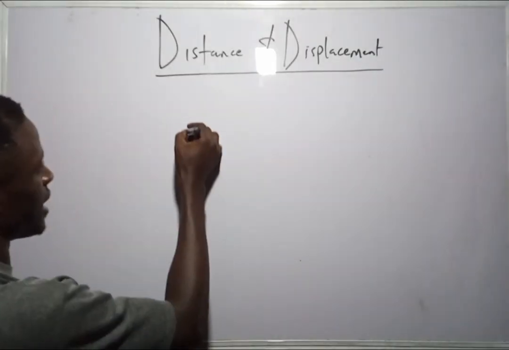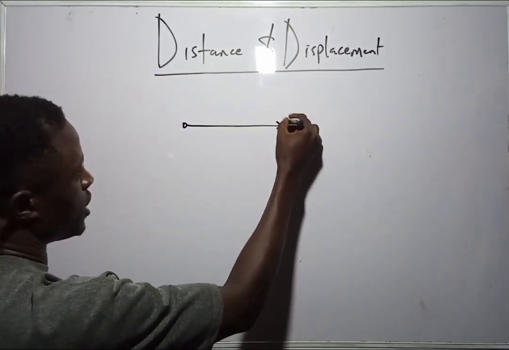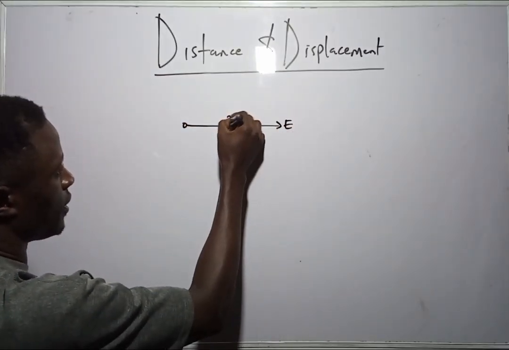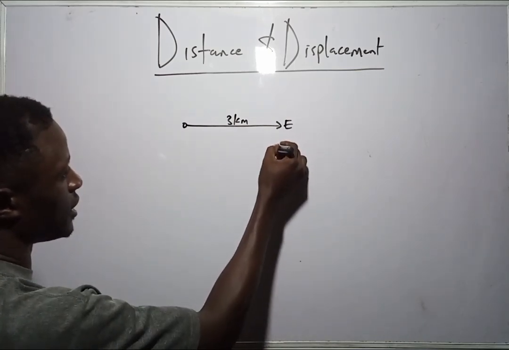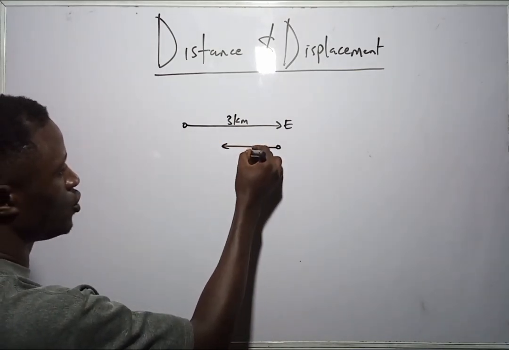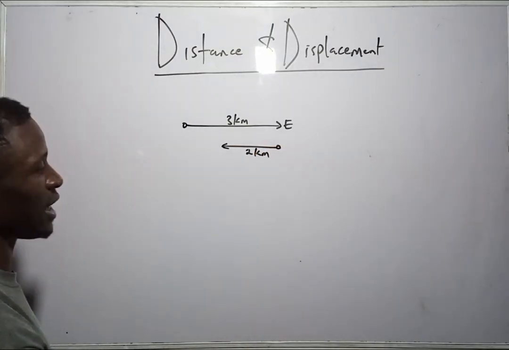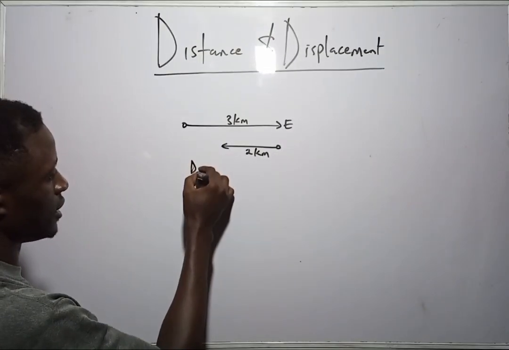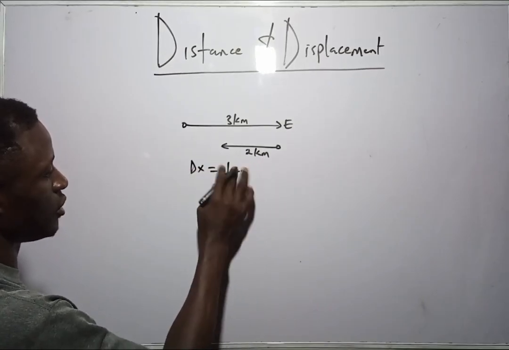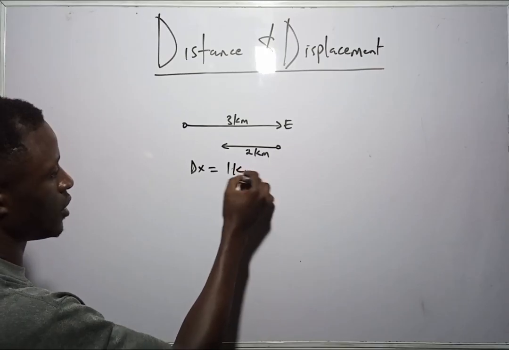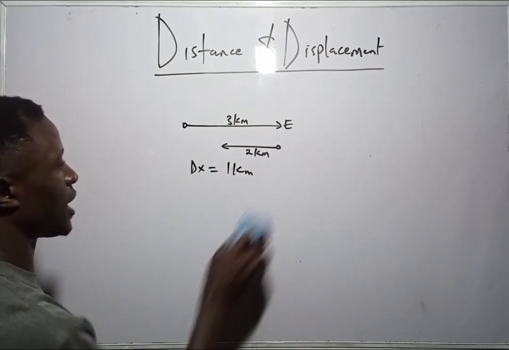An individual starts from rest and goes in the east direction 3 kilometers, and then from that point he traveled back 2 kilometers. Now in this case, what is the distance? What is the displacement? The displacement for this journey is going to be just 1 kilometer due east, or you can just write 1 kilometer east.